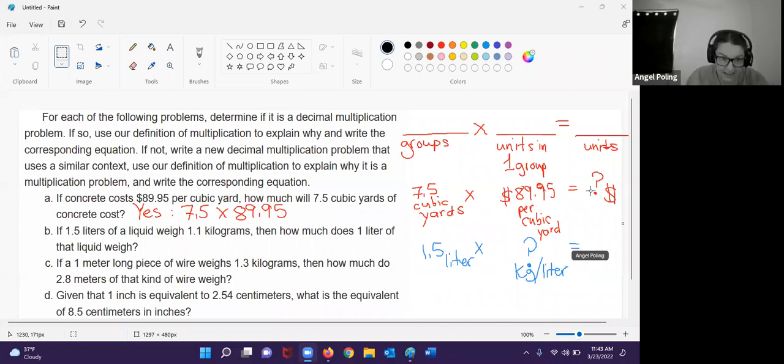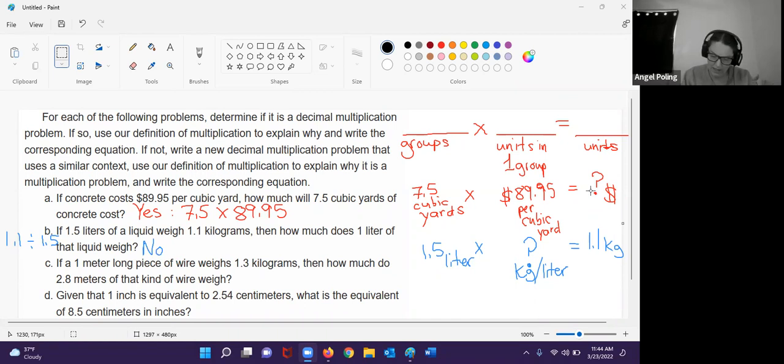And then we have 1.1 kilograms. So what they're actually asking us here is 1.1 divided by 1.5. That's the question that they're asking us here. So no, this is right now a division problem, a decimal division problem.